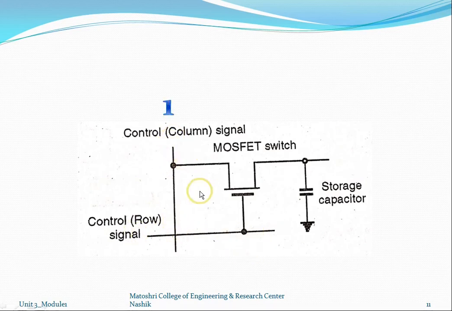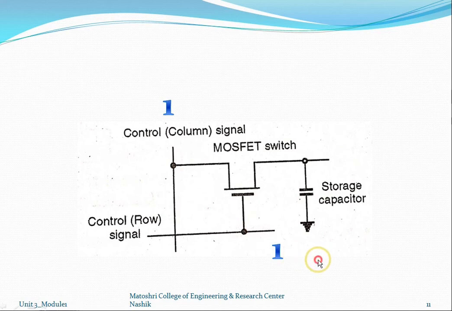Whenever the column and row signals are both high, the MOSFET acts as a closed switch and hence the capacitor starts charging. So a logical 1 bit can be stored. That is the write operation.